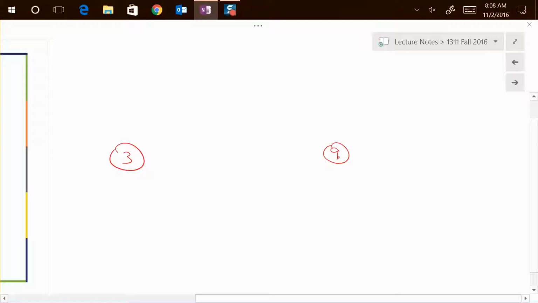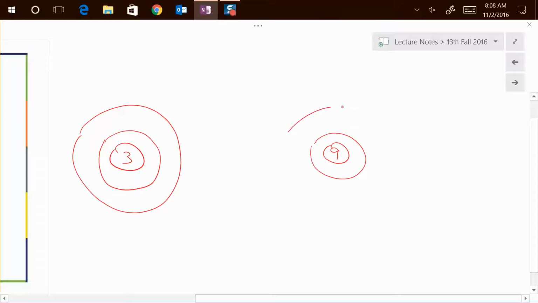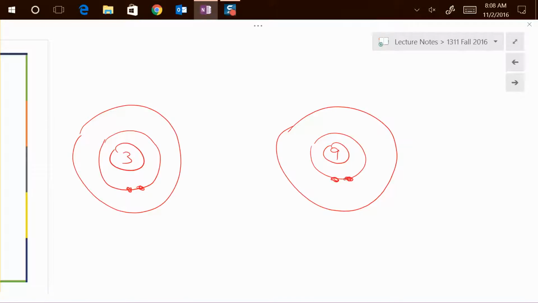There are 2 energy levels around both of them. There's 2 electrons in the first energy level on both. And on lithium, there is 1 valence electron in the second energy level. Fluorine has 7. 1, 2, 3, 4, 5, 6, 7.